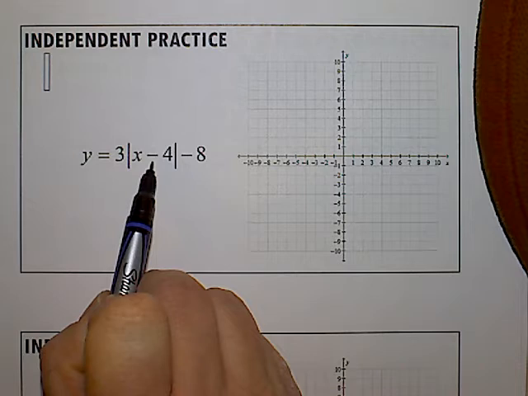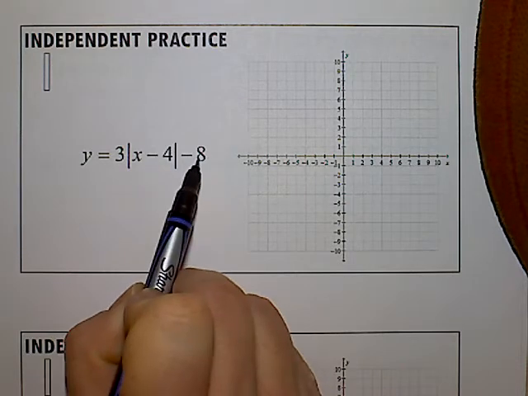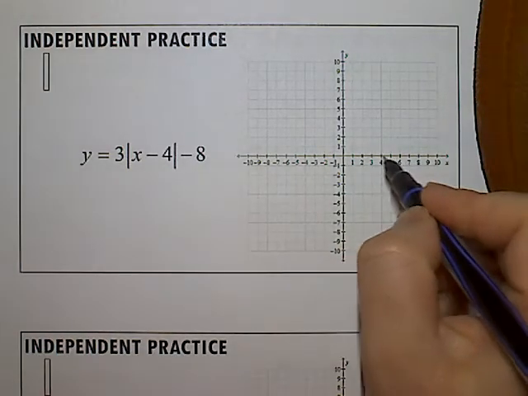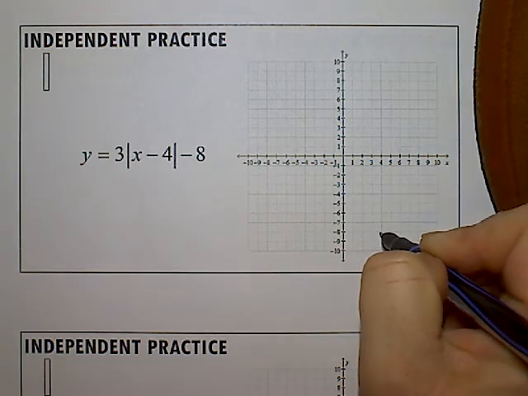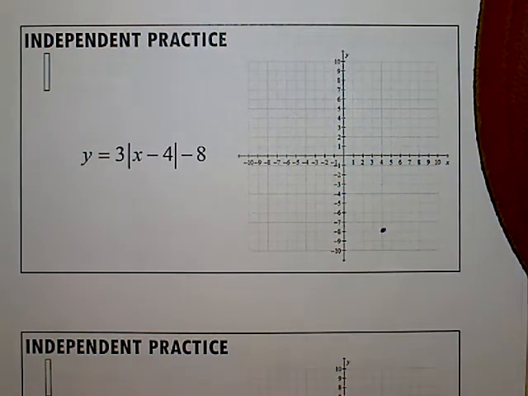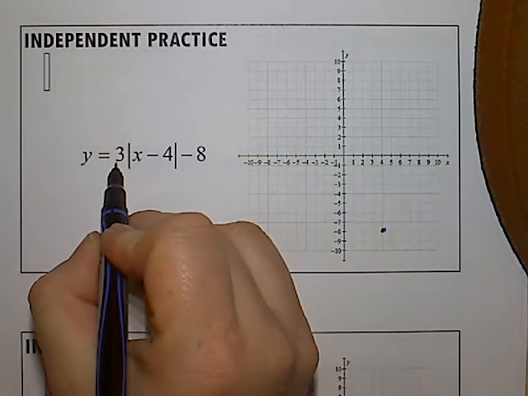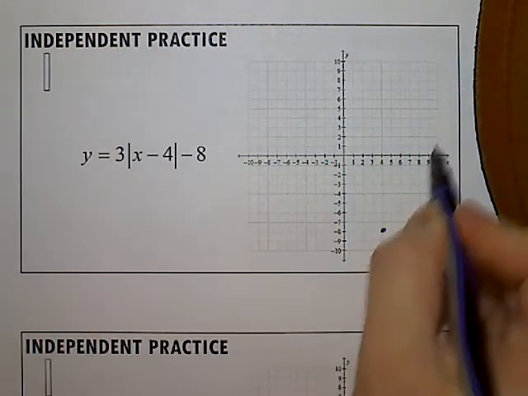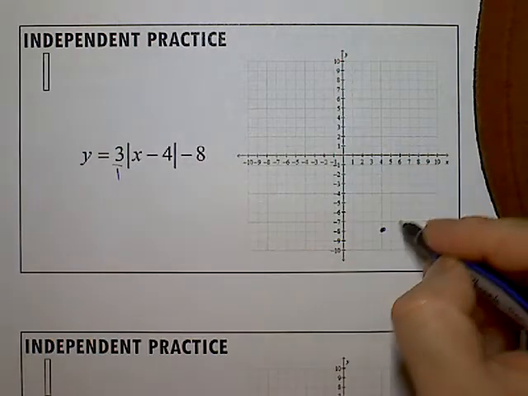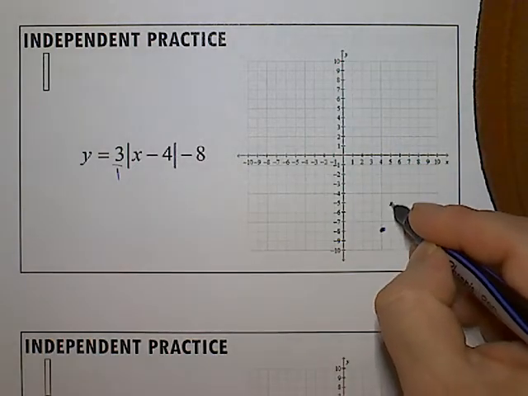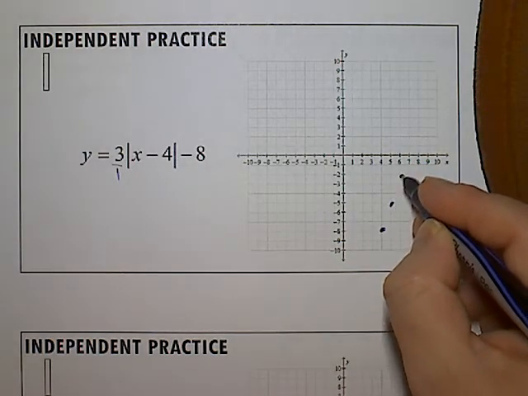I'm going to move this, it lies, to the right 4 and down 8. Right 4, down 8. And now the slope is going to give us our line. It's positive, so my V is going to open upwards. From here, I'm going to do the right side first. Up 3, right 1. Up 3, right 1.